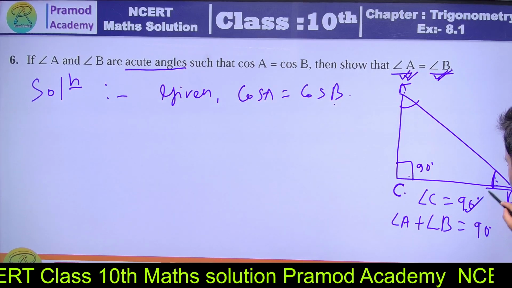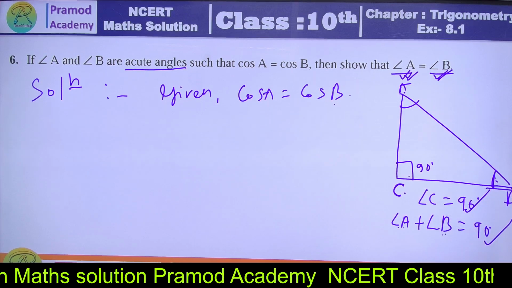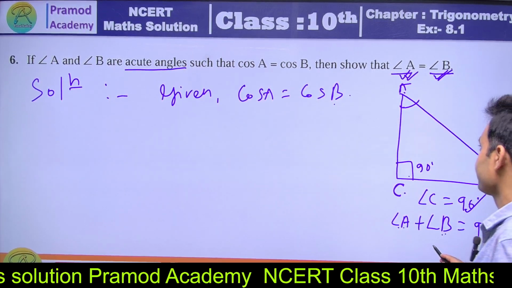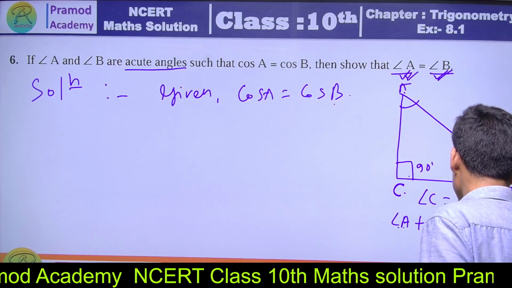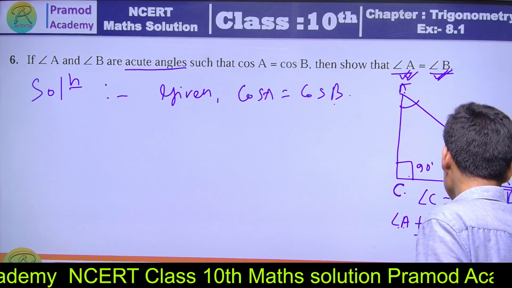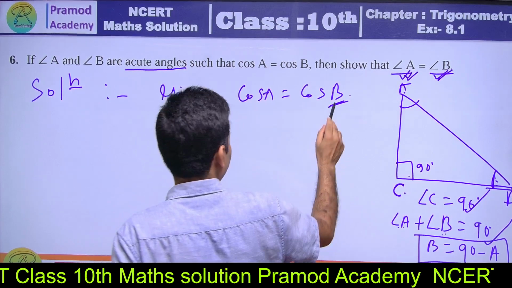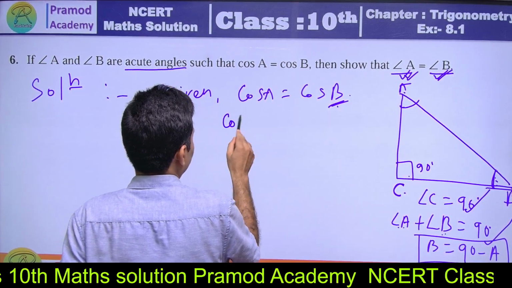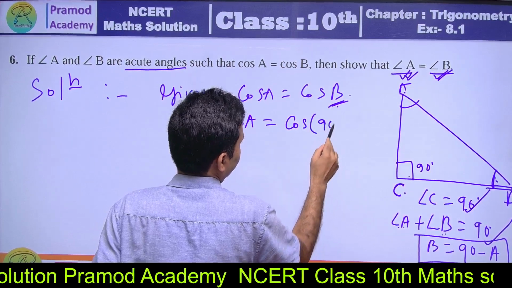If one angle is 90 degrees, then the sum of the remaining two angles will also be 90 degrees. So I can write angle B equal to 90 minus A. If I put the value of B here, then cos A equal to cos of 90 minus A.